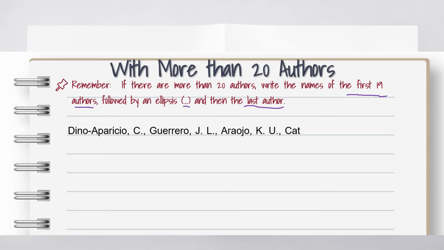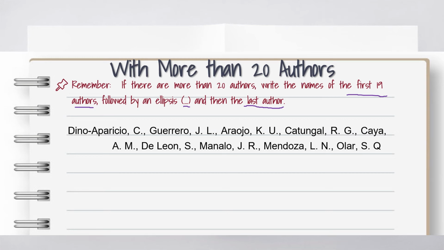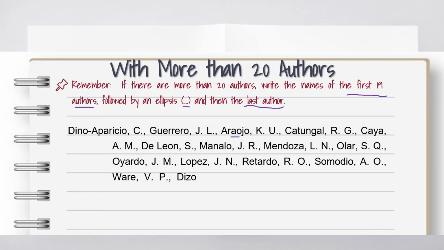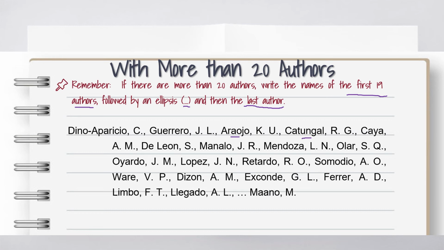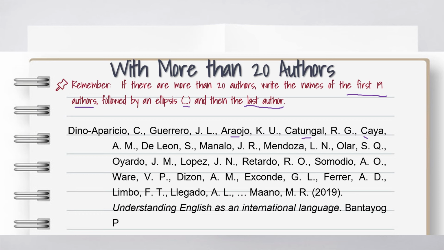we have here the first 19 authors from the book that you have used for your research paper or for your academic papers. We have Dino 1, Guerrero 2, Araujo 3, Katungal, this is the fourth one, Kaya, De Leon, Manalo, Mendoza, and so on.